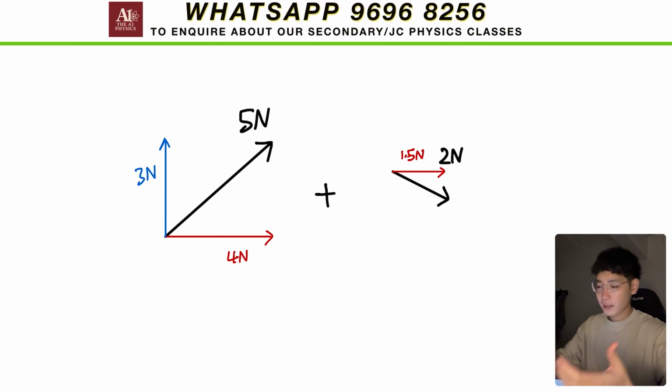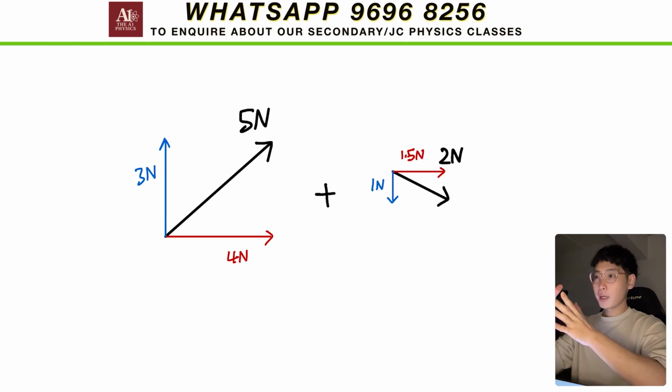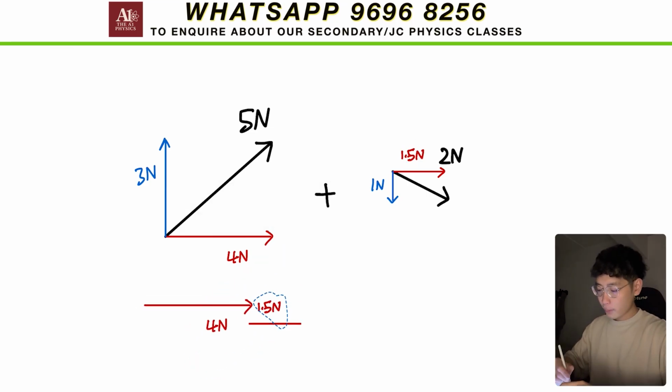Again, I'm just using fake numbers to explain the point. If we want to add these two forces together, we can just add the horizontal and vertical components separately, and then combine them at the end. So let's add the horizontal components. We have 4 newtons plus 1.5 newtons.